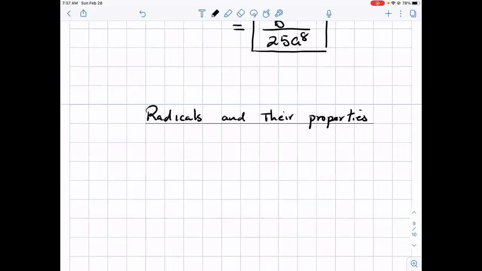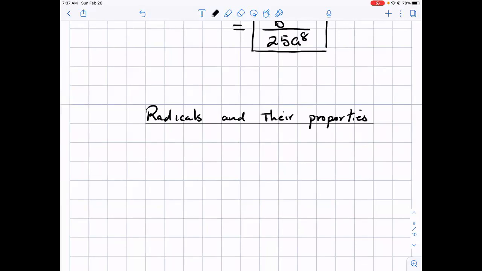So let's look at radicals and their properties. A square root of a number is one of its two equal factors.